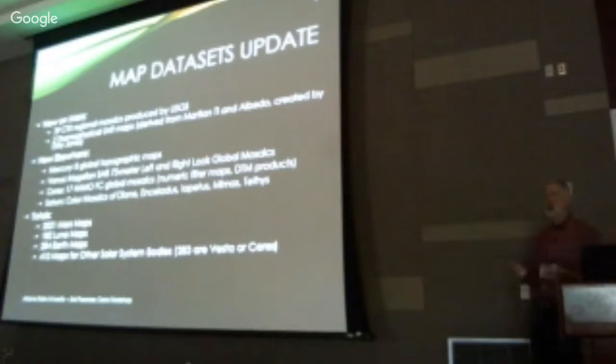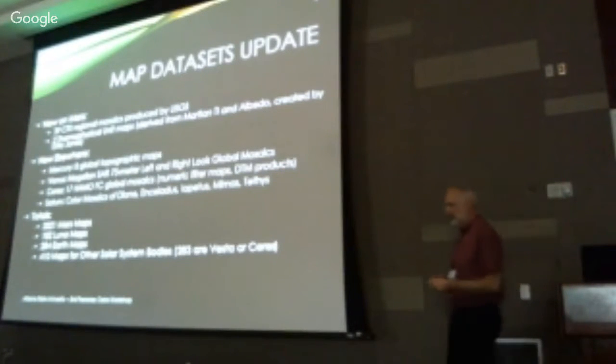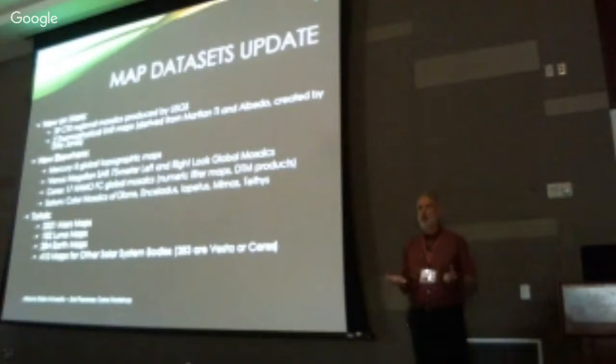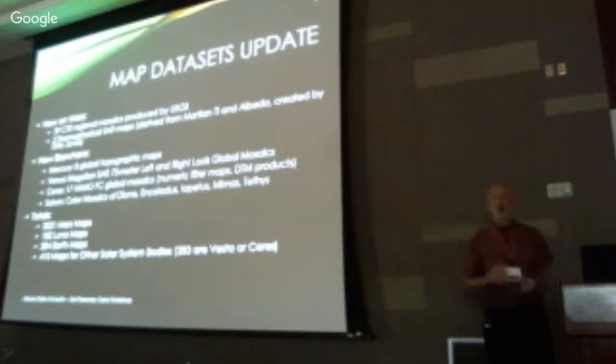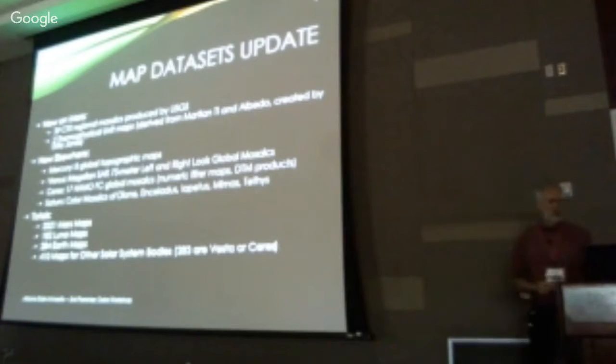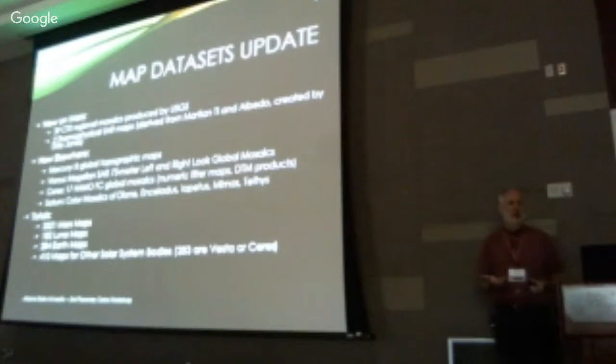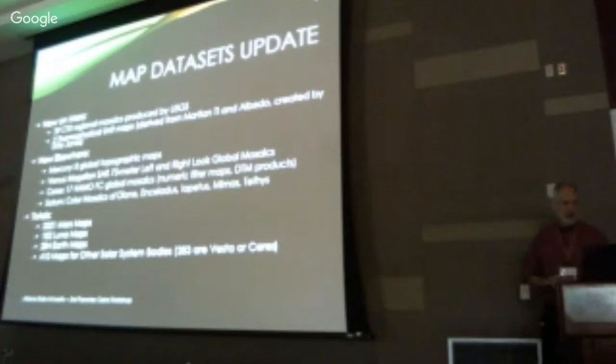And for Venus, we added those high resolution side-looking global mosaics from the Magellan mission. I know it's not new data, but we now have the highest res data available in the tool. For Ceres, we added recently a number of really useful numeric maps and also some secondary products based on DTMs. And for Saturn, we did add icy moons maps.